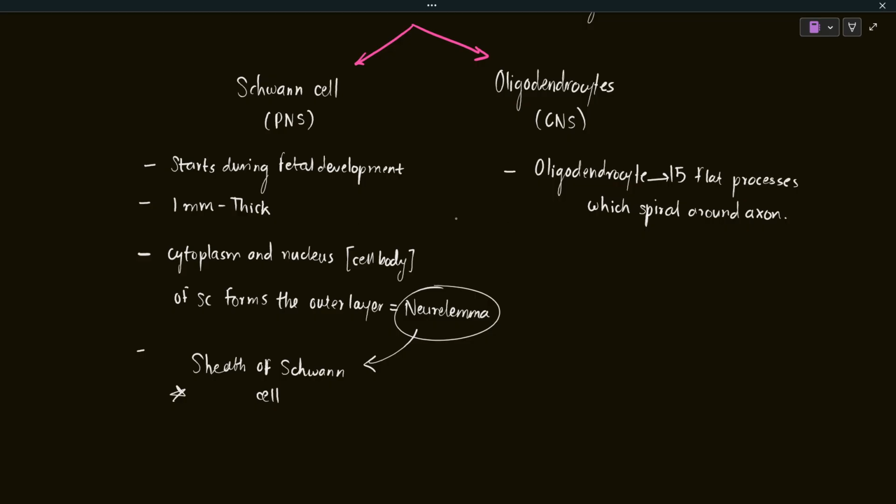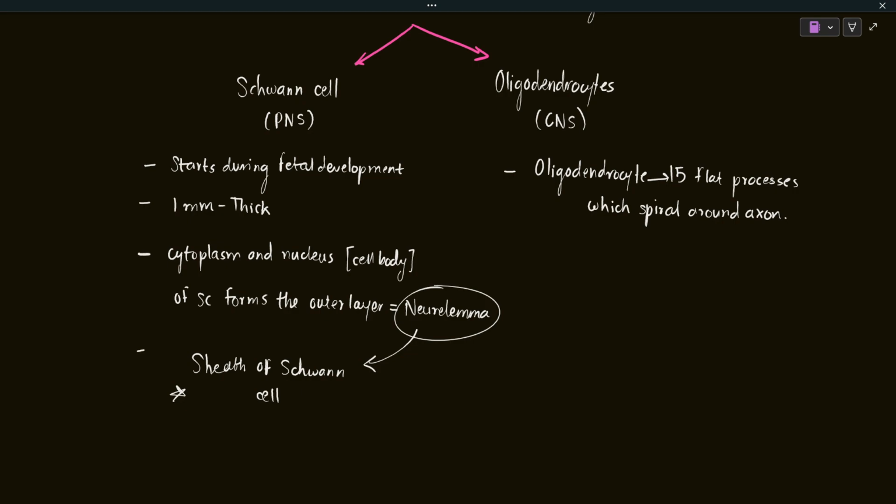The major difference is that a single Schwann cell is going to wrap a specific part of the axon, and then another Schwann cell will wrap a specific part of the axon, leaving a gap in between, which is known as the node of Ranvier. So multiple Schwann cells will form multiple segments of myelin sheath on a single axon.